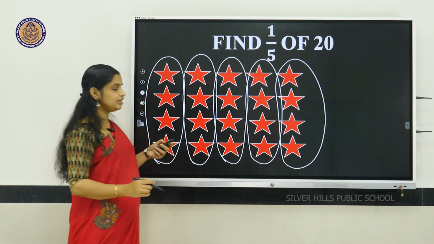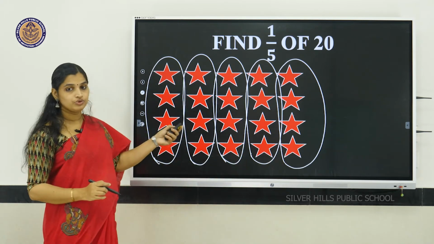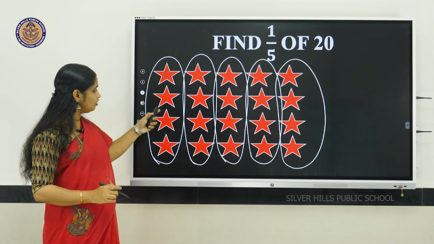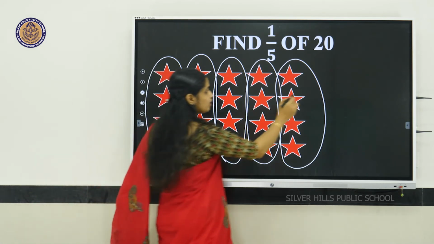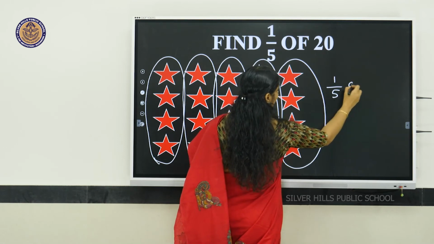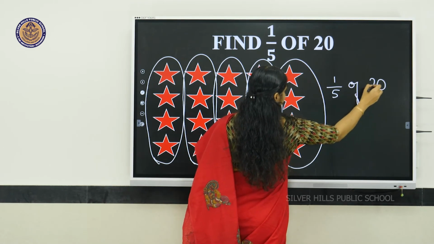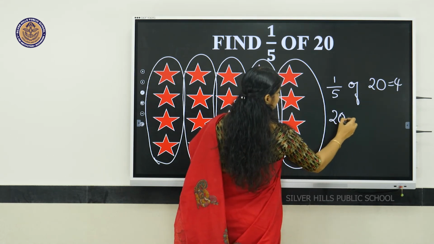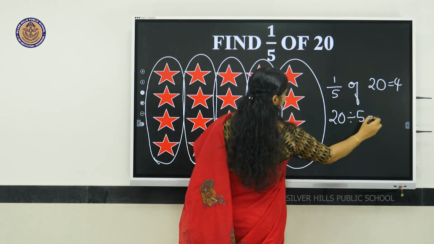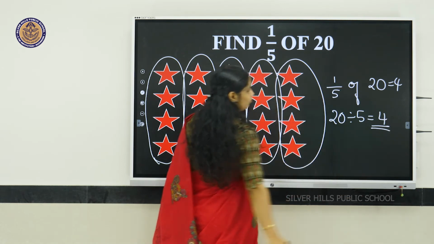So I divided these stars into 5 groups. Now see, in one group how many stars are there? 4 stars are there. So 1 by 5 of 20 is what? 4. Or we can do like this, 20 divided by 5 is equal to 4.